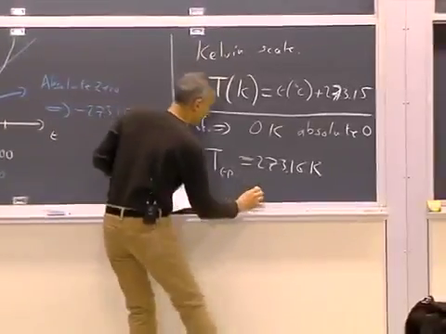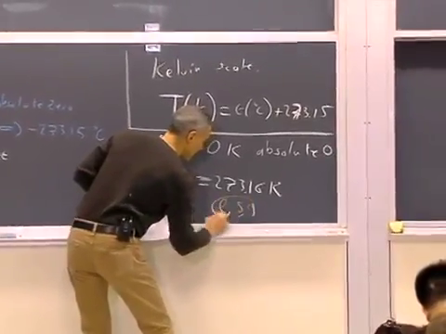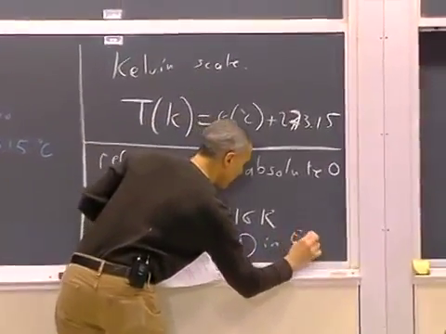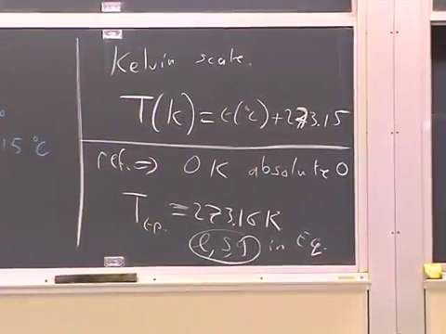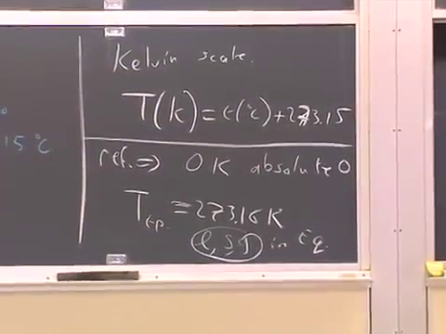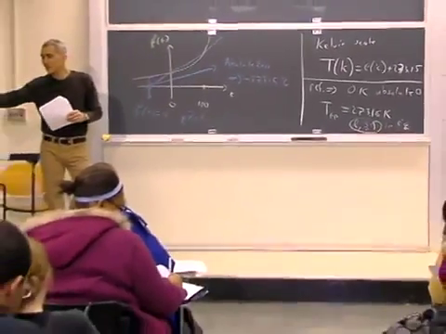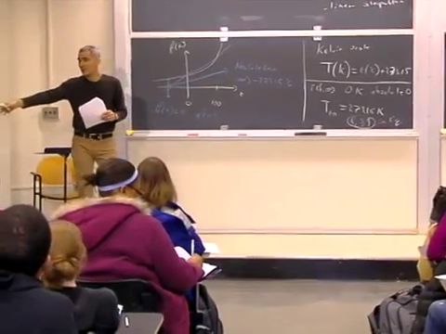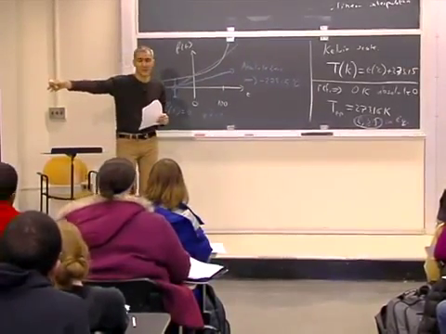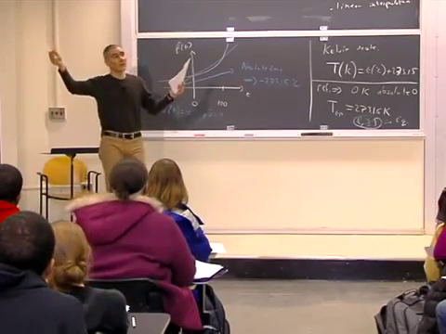So the triple point is liquid, solid, gas, all in equilibrium. Now you may think, well, I've seen that before. You take a glass of ice water and you set it down, and there's the water phase, there's the ice cube, it's the solid phase, and there's some water vapor, and that's 1 bar.